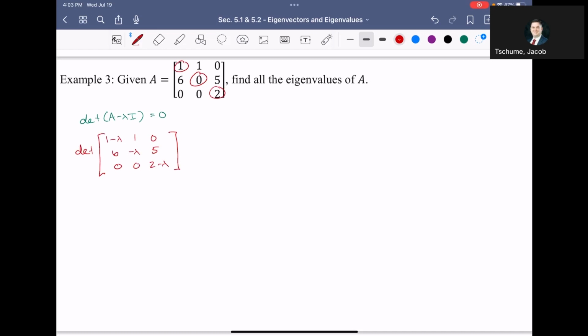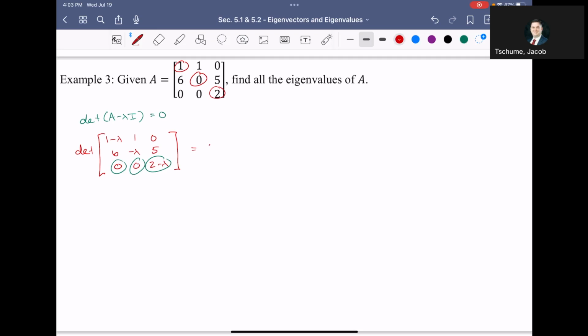Since we're finding the determinant of a 3x3 matrix, you can pick any row or column to do your cofactor expansion. I'm looking for a row or a column with more zeros, so I'm actually going to pick row 3 to do this. Since we're doing an odd row, we start positive and you alternate throughout from there.